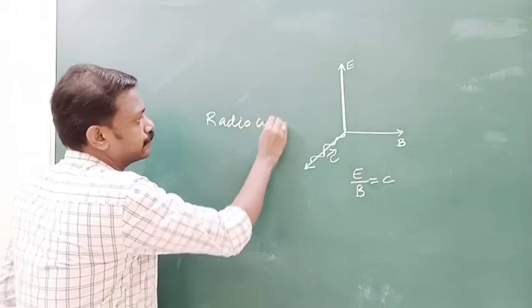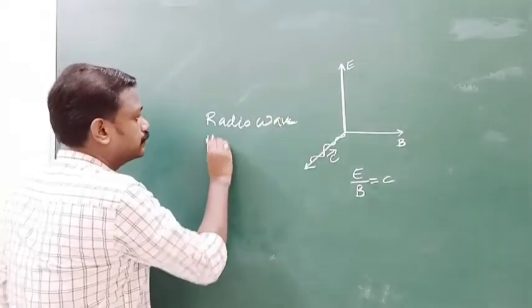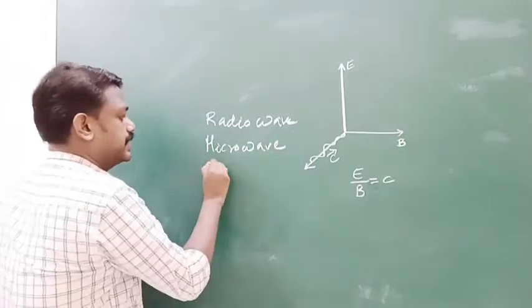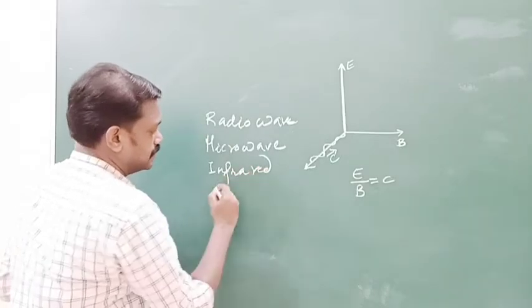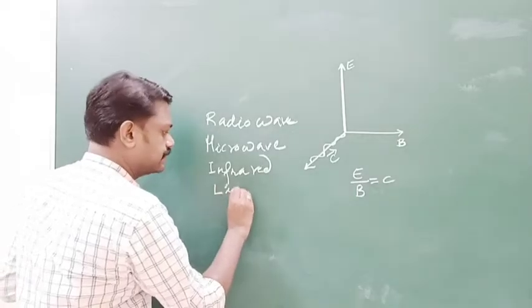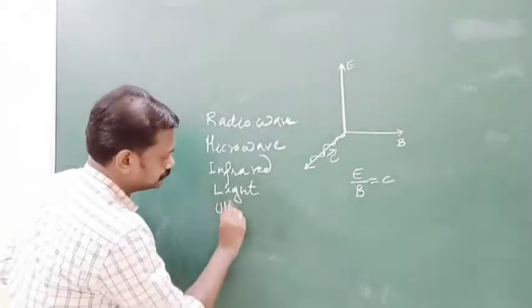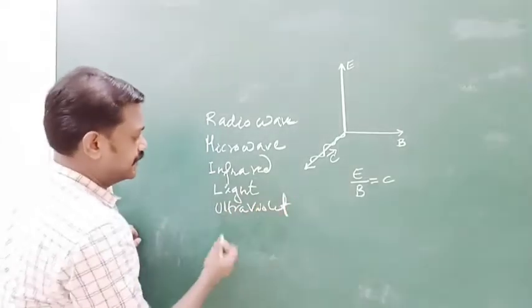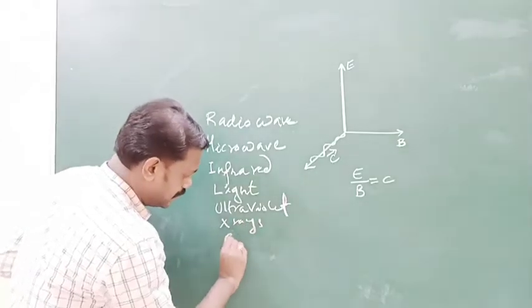radio wave, microwave, infrared, then visible light, generally written as light, then ultraviolet, then X-rays and gamma rays.